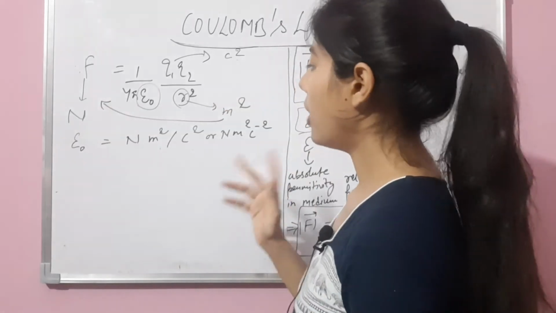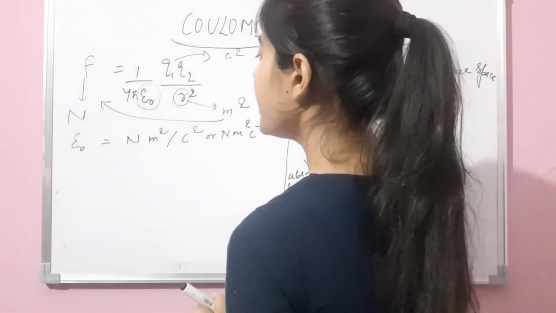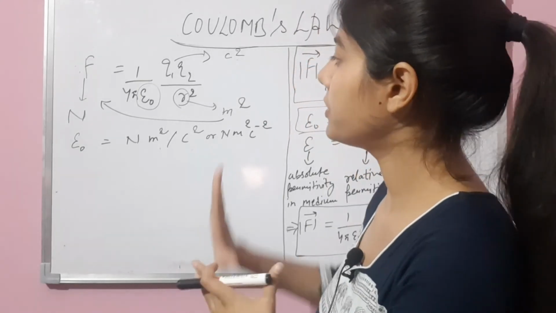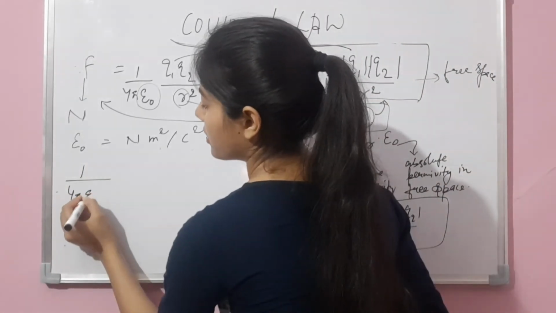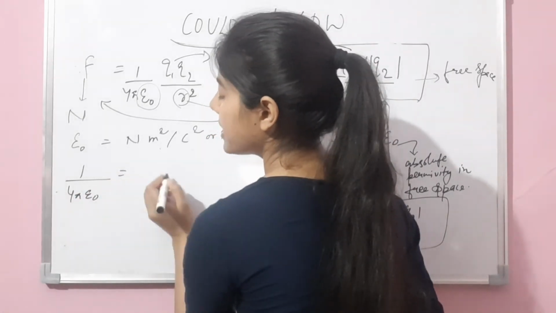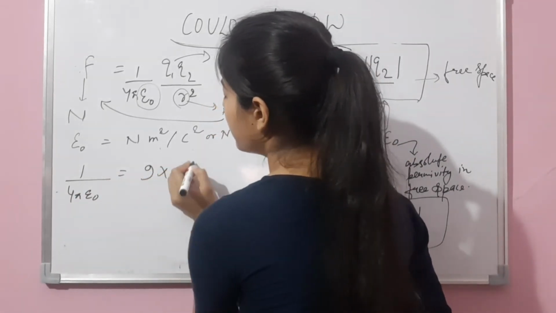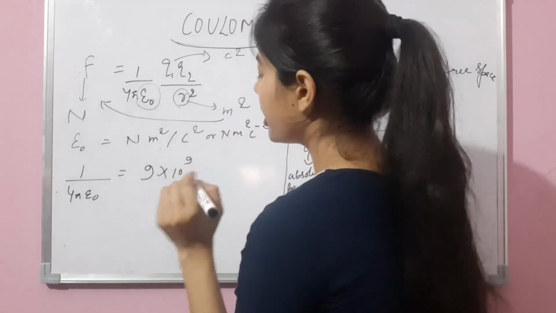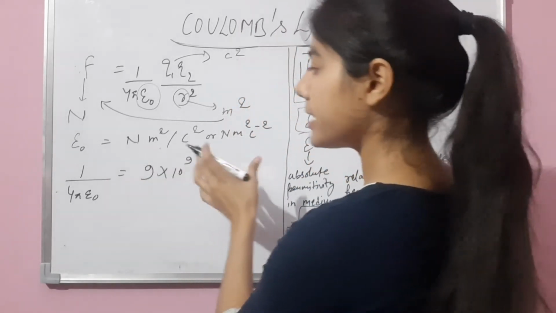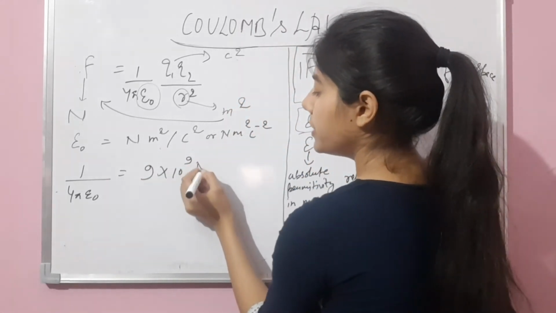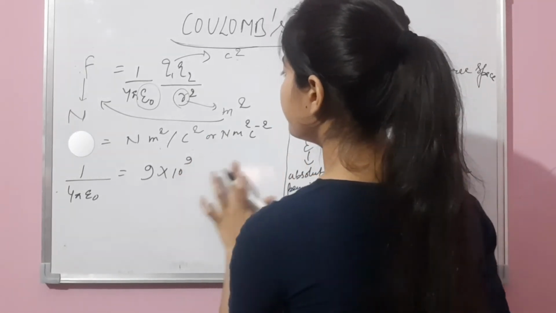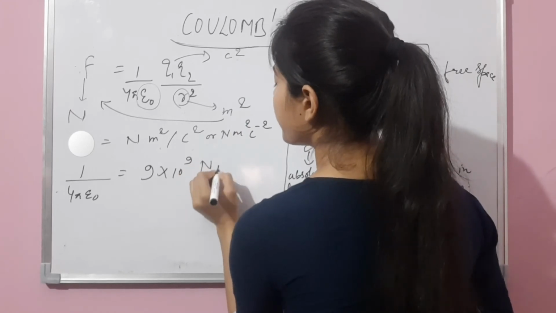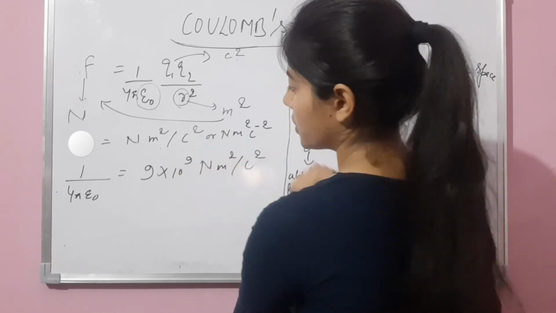Now if we want to calculate the value of this proportionality constant, 1 upon 4 pi epsilon naught, it will be equal to 9 into 10 to the power 9, and its SI unit will be Newton meter square by Coulomb square.